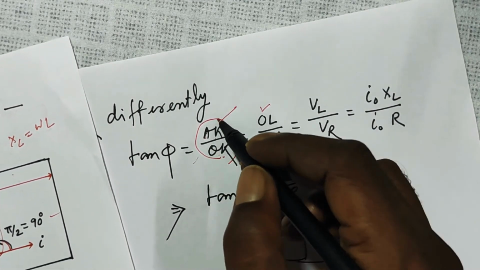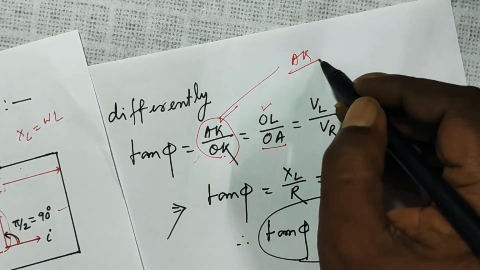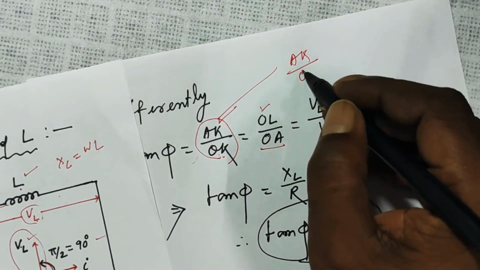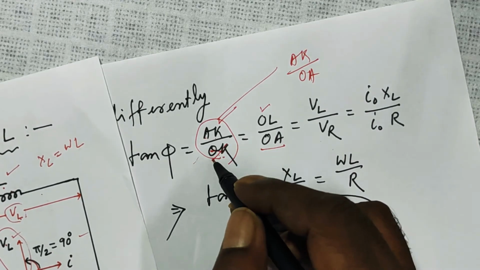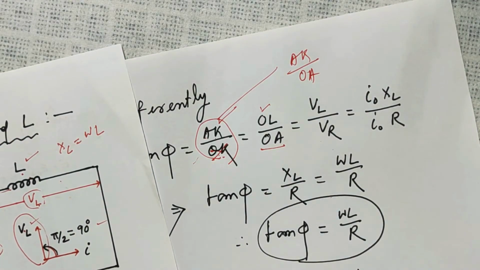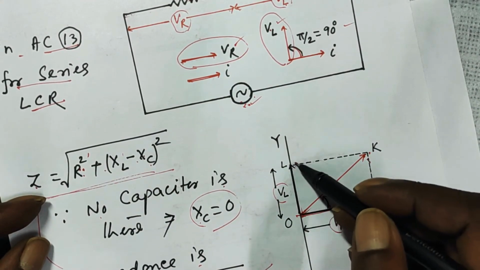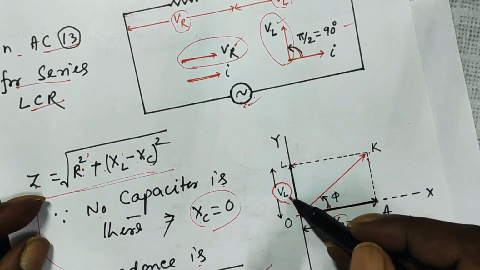In this diagram, tan phi is AK over OA, and not OK.